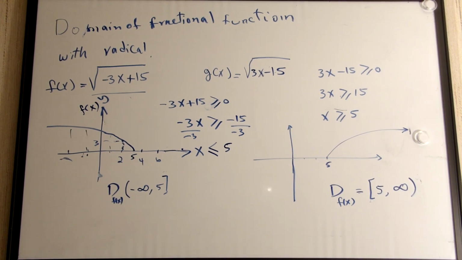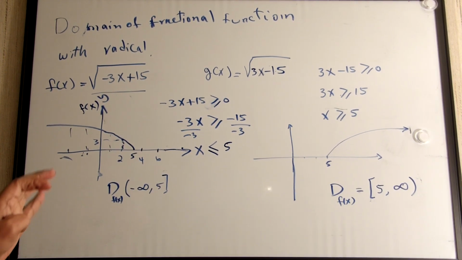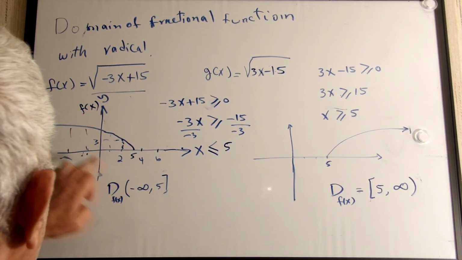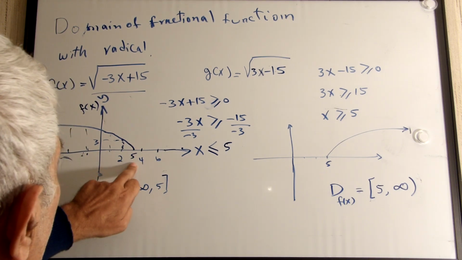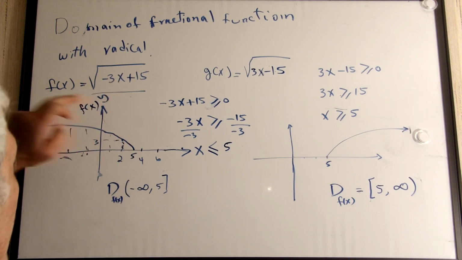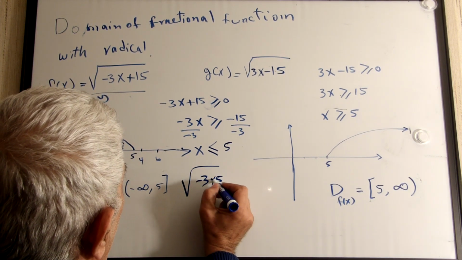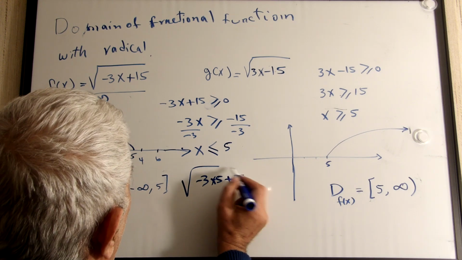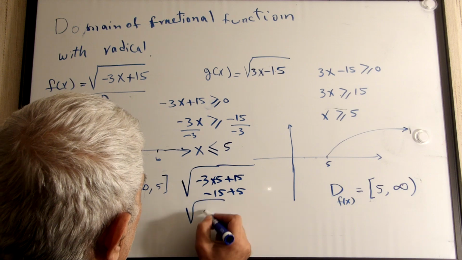The domain of this function is from minus infinity to 5, including 5, because you can put 5 in there too: minus 3 times 5 plus 15 is minus 15 plus 15, which is equal to 0.